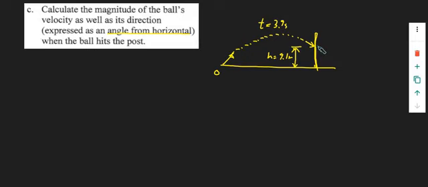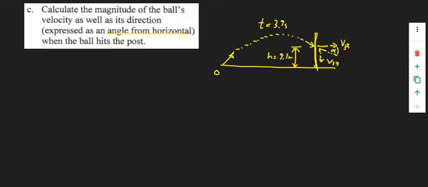What we can do is divide the velocity into an x direction and a y direction. Let's call these v final in the x direction and v final in the y direction, and also find an angle, let's call that angle alpha.